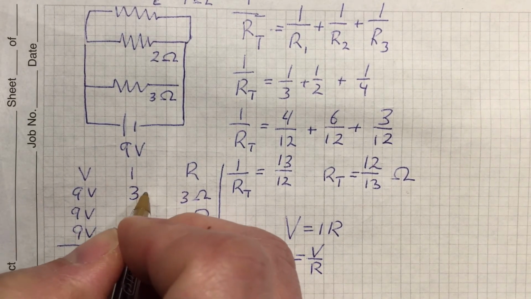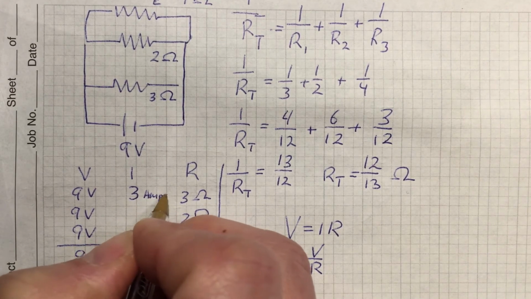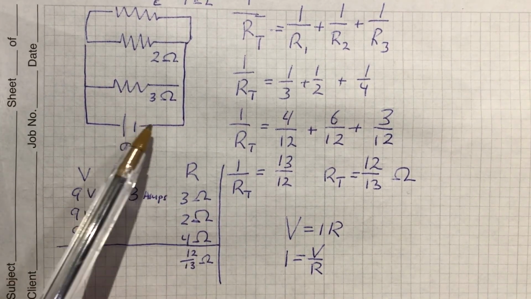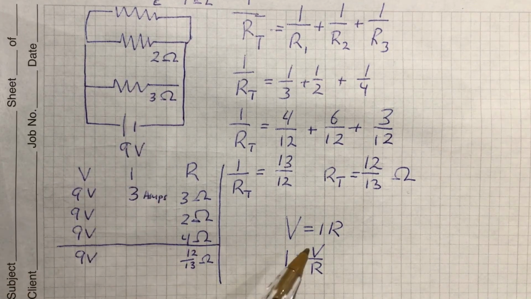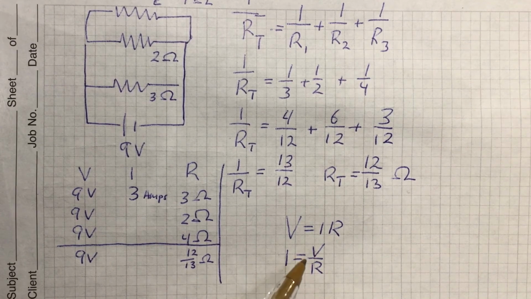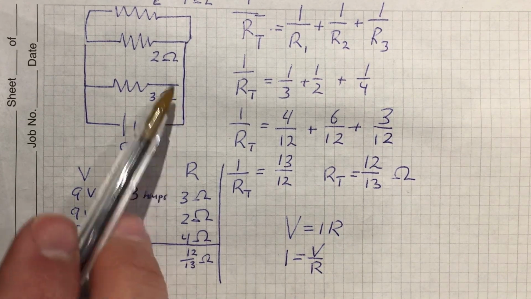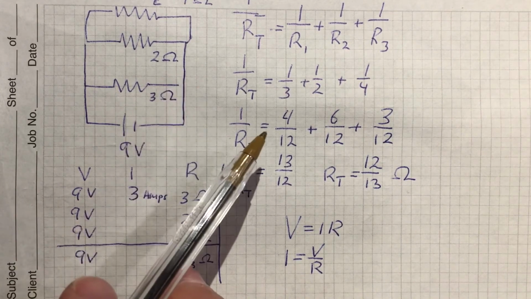That's going to be 3 amps. Now that kind of makes sense, because if we look at this, the more voltage, the more current, right? That makes sense. The more resistance, the less current. Electricity isn't going to try to flow through the path that has the most resistance.